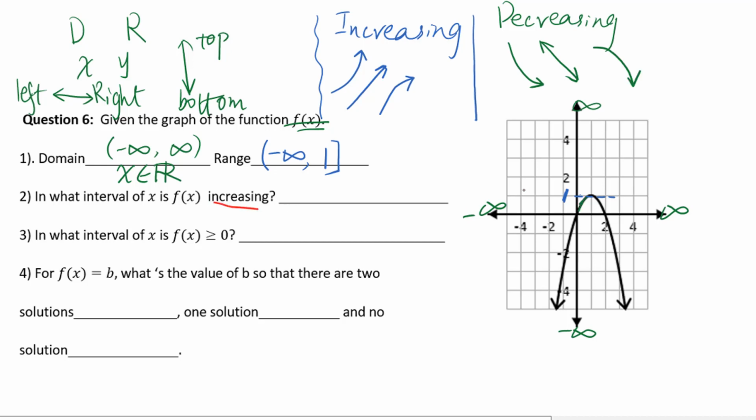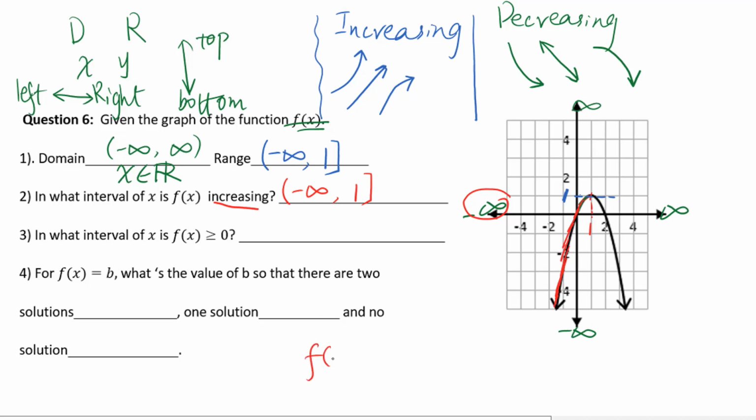F of x is increasing. This part is an increasing graph. For the interval, which means the domain, it's from negative infinity to this. This is 1. So we write down from negative infinity to 1 bracket. It's an increasing function.